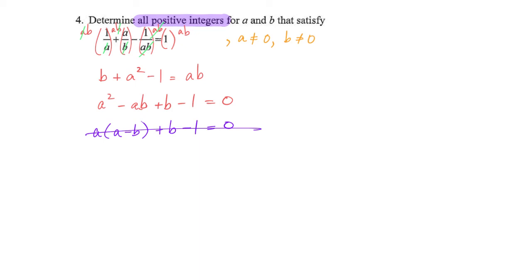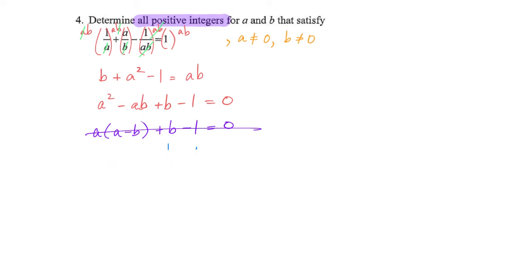So all I'm going to do is try a different order. I'm going to try to put some things together that might allow me to factor in a different way. Well, I could do my a squared plus b minus ab minus 1, but I hope we can see that that blue is not going to give me anything that factors, because if I try to factor those 2 and 2, neither pair has anything in common.